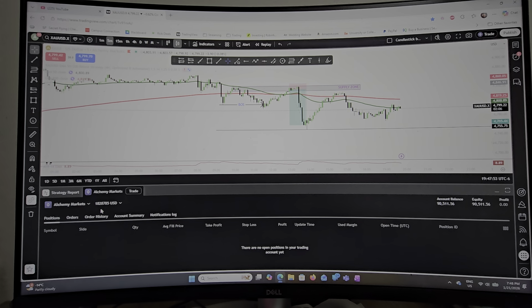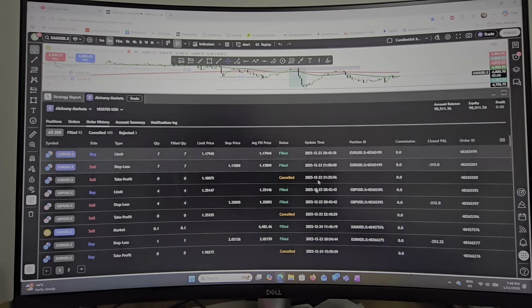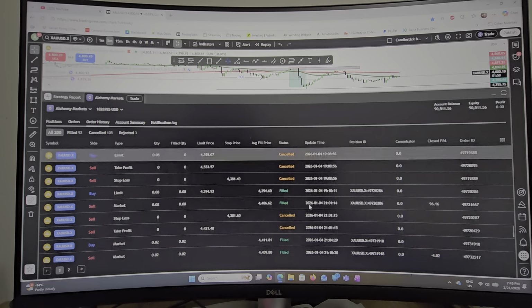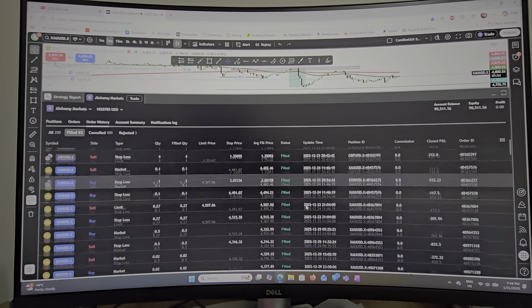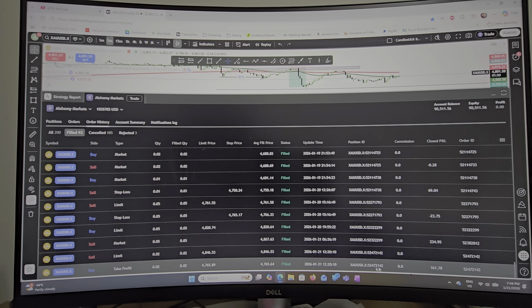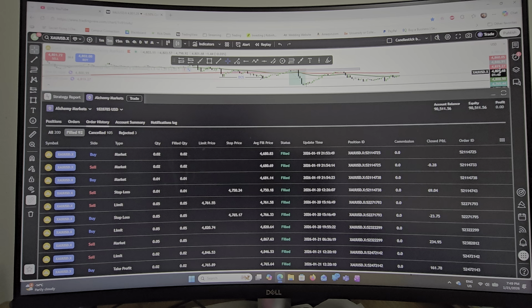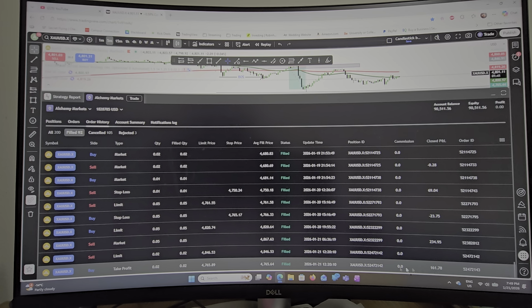And if I go to my order history right here, we can see the trade. Let's go to filled, and we can see the trade. Okay, this is a trade right here, $161. Anyways, this is a trade for $161, and we entered at update time, it's just what, 12:20.